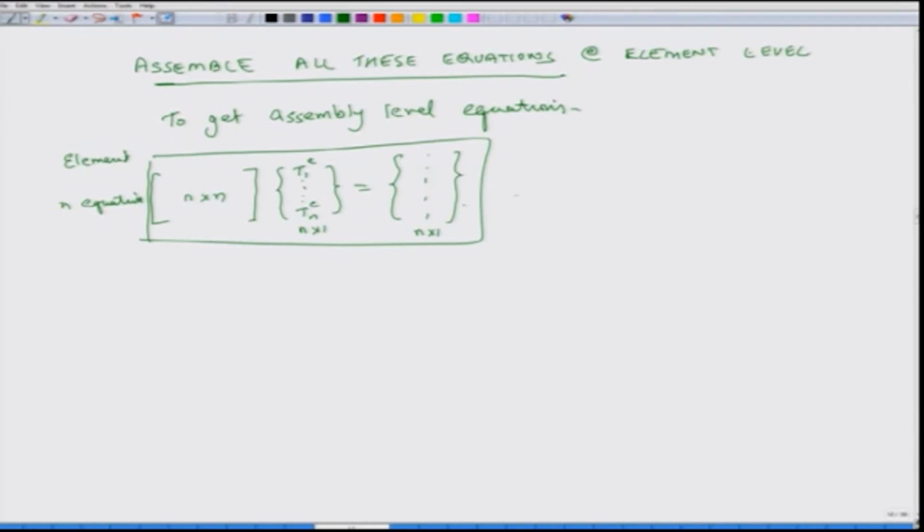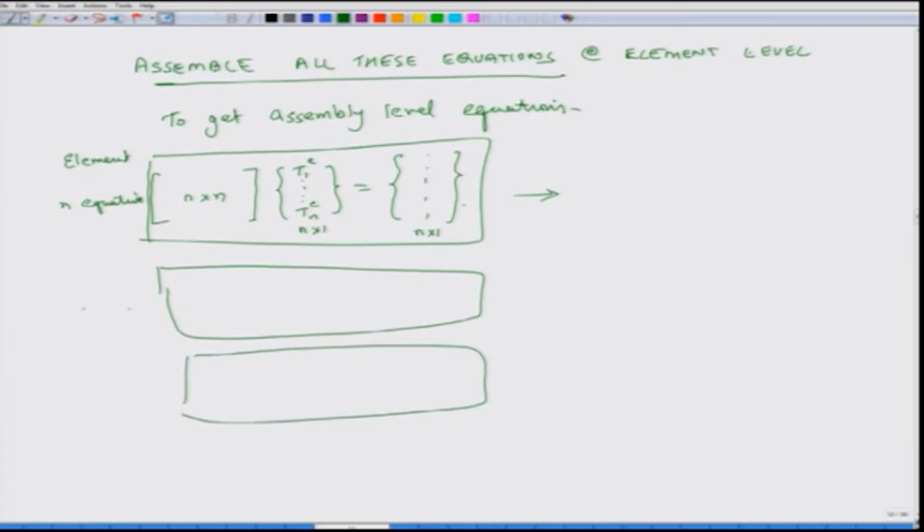But at this stage we cannot solve it. If you solve it, you will get a trivial solution, 0, 0, 0, 0, because right now you have not assembled it. You have not connected this matrix with another set of matrix equations for the next element. So you will create all these equations. How many times? N times. Understood? What is n? Big N, number of elements.